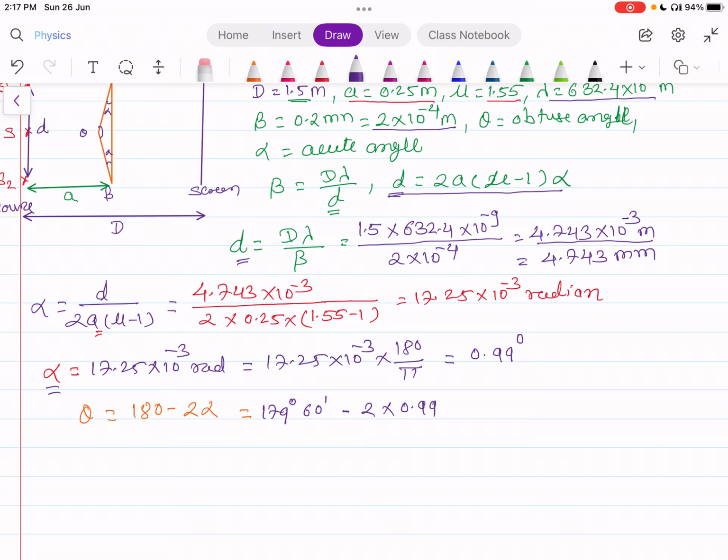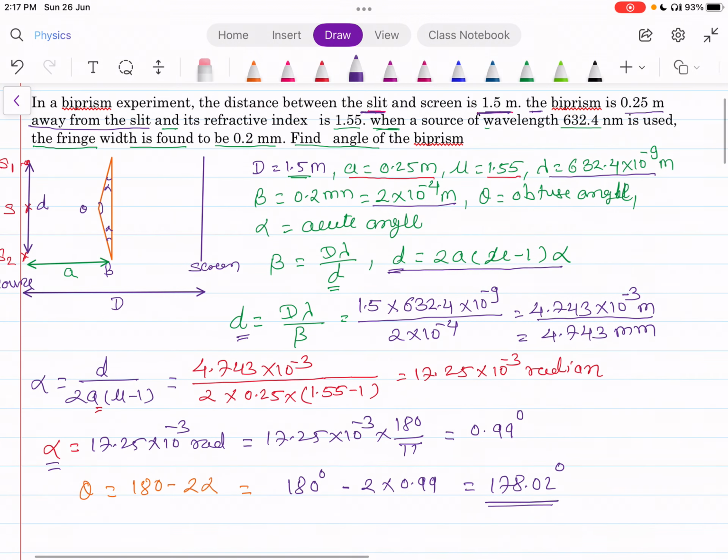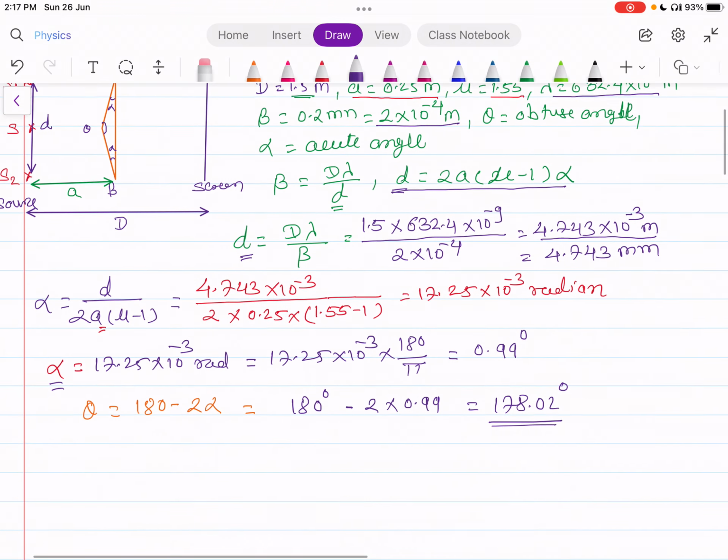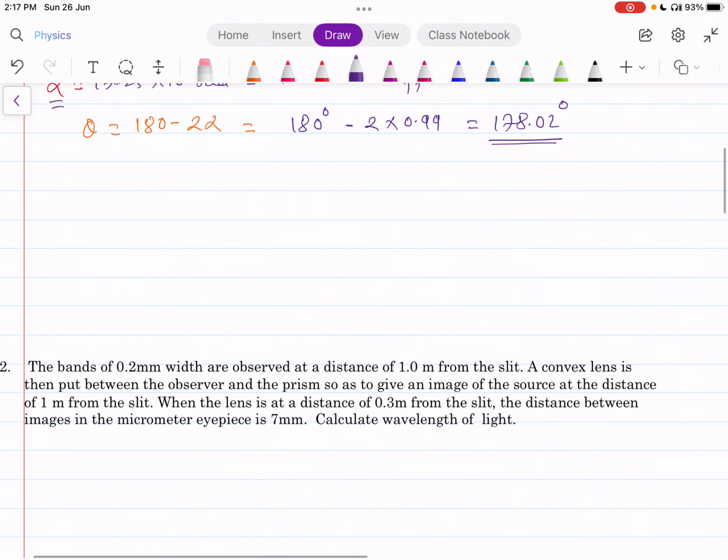Instead of writing this in degree and minutes, let us write only in degree, that is 180 degree minus 2 into 0.99 degree, and that is equal to 178.02 degree, and that is the answer. So the obtuse angle of this prism is 178 degree, and that is the answer. Then let's go to numerical number 2.